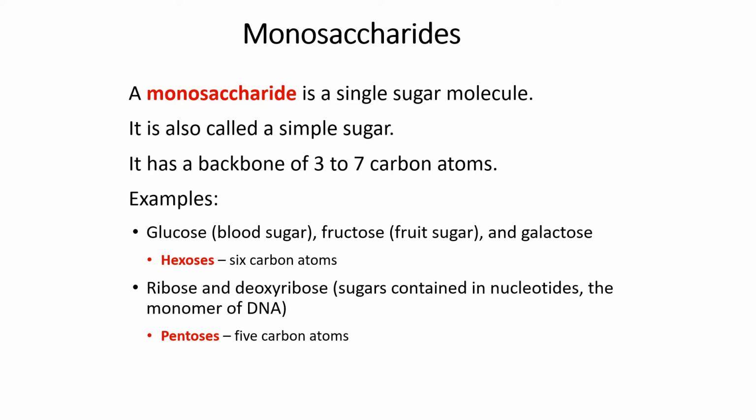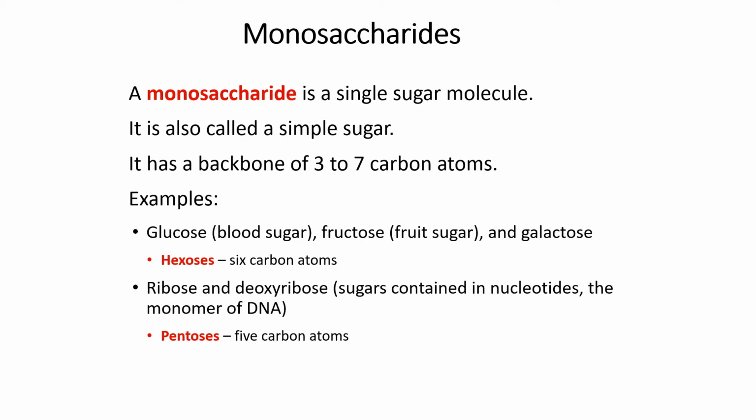A monosaccharide is a single sugar. It's also called a simple sugar. I would generally also call disaccharides simple sugars. So when nutritionists or doctors say avoid simple sugars, that's what they're talking about, the monosaccharides and disaccharides.